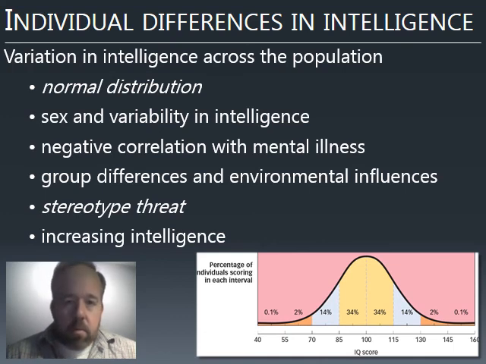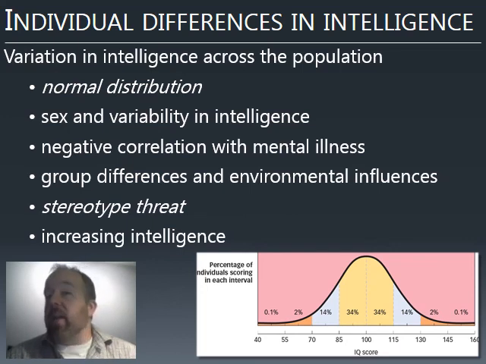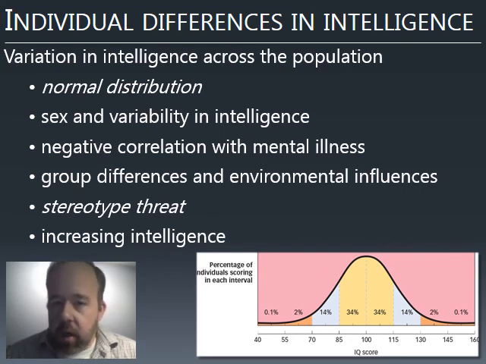Now, all this difference between different groups, whether it's sex or ethnicity or culture, these differences exist. But we can also do things to increase intelligence for an individual, again, on average. There are educational interventions. So enrolling someone in preschool or kindergarten tends to increase IQ.